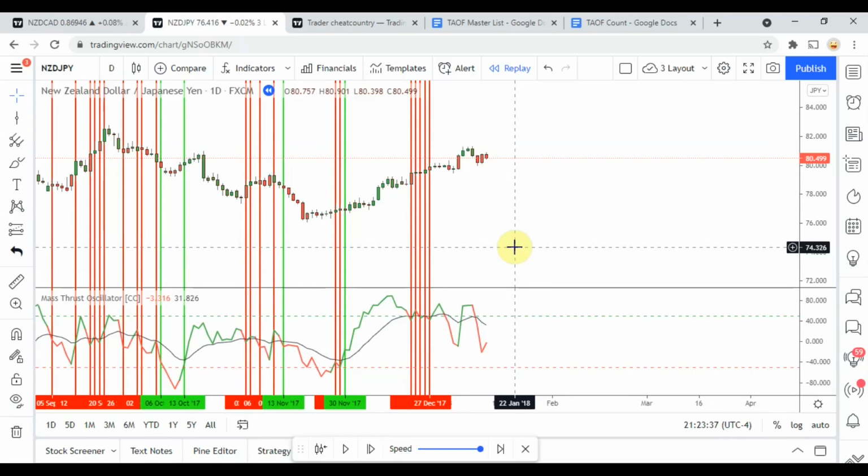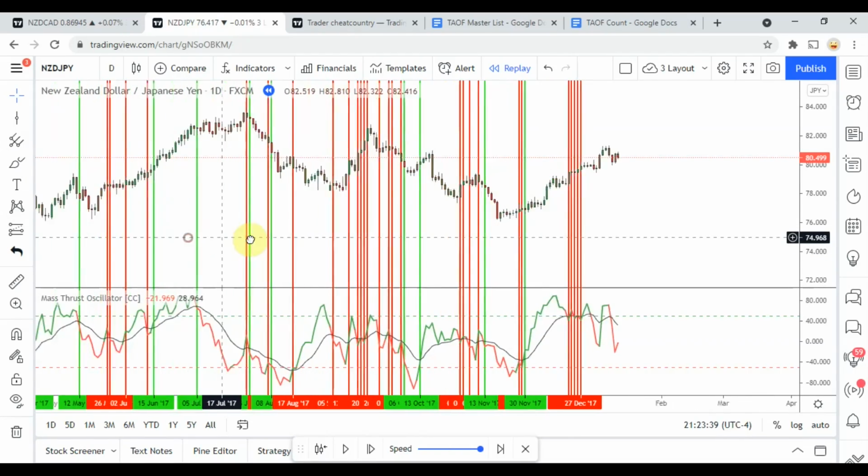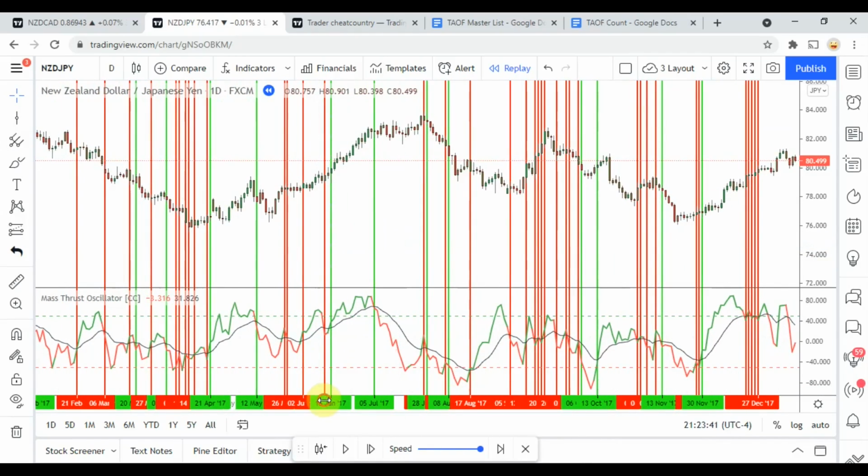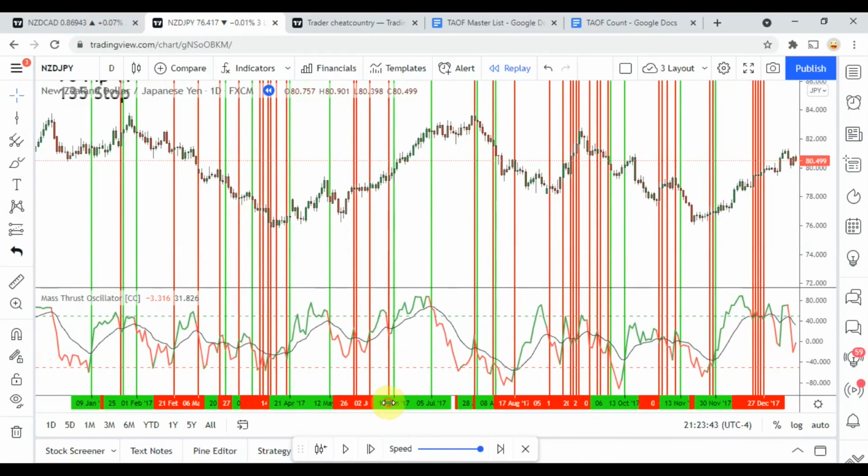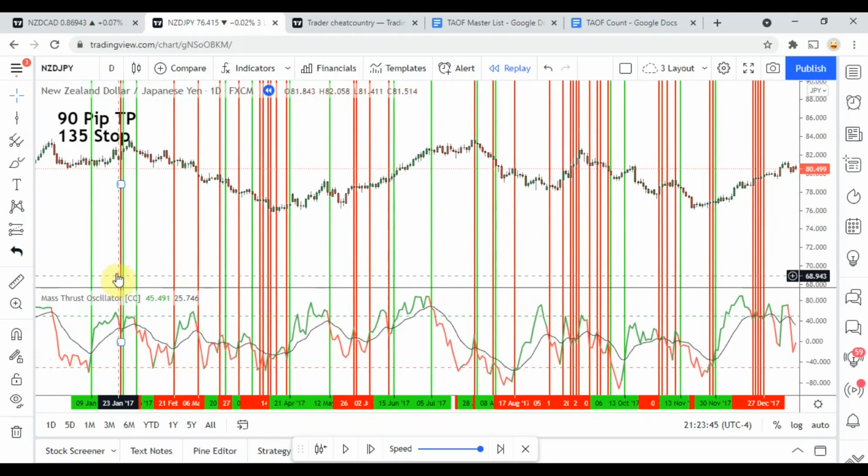All right, back to the indicator here. Let's get everything in focus here. All right, there we are. Let's count these out.